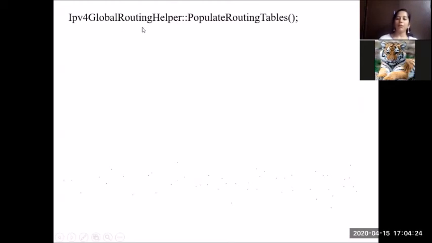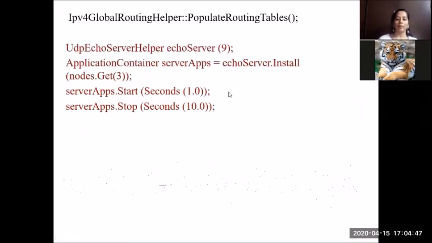This class helps create a standard routing table, and to this I will just use the method populate routing tables. It will automatically do the routing. We are not bothered about which type of routing we are going to do. If you just write this statement, it will automatically do the routing.